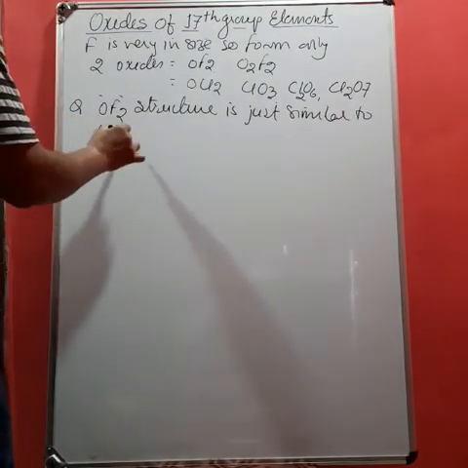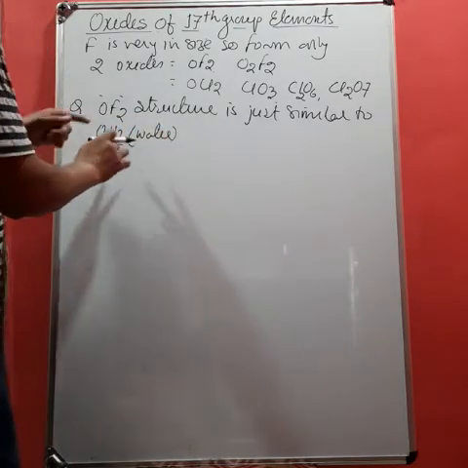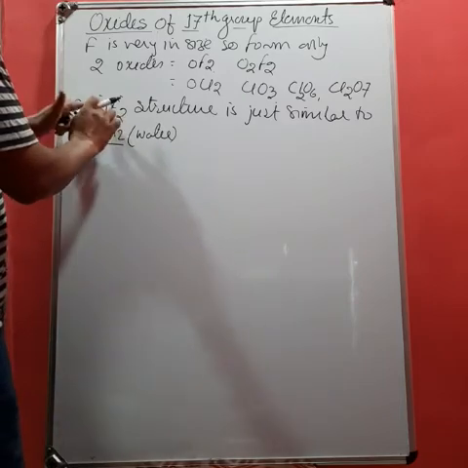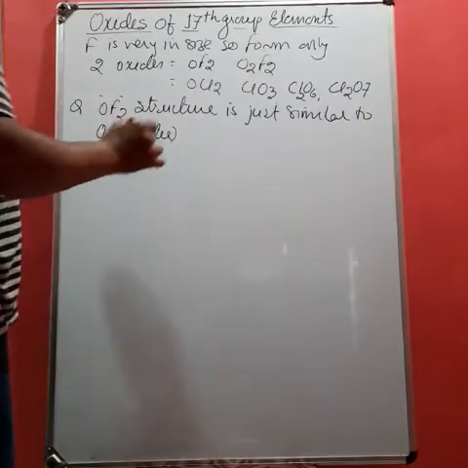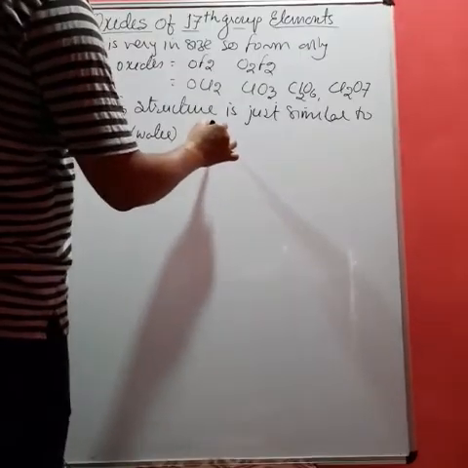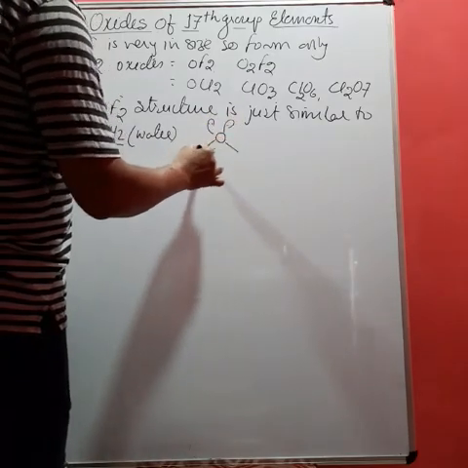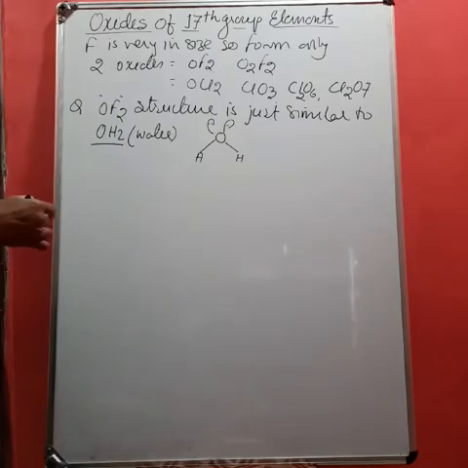Okay, OH2, that is simply what? You can call it water. Besides writing H2O, I have written OH2, because it is OF2. So they are having the same structure. How is it the same structure? In water, oxygen has two lone pairs and two bond pairs. So it has what? Bent shaped structure.